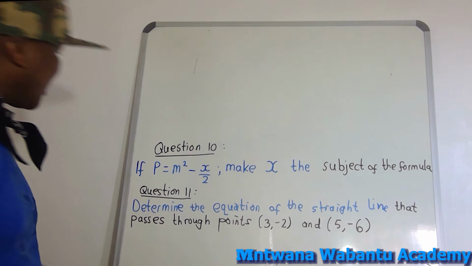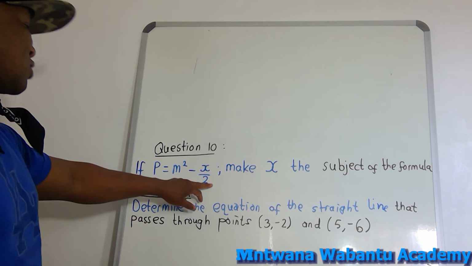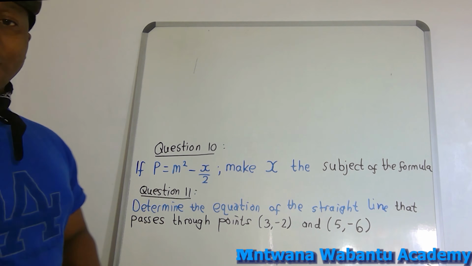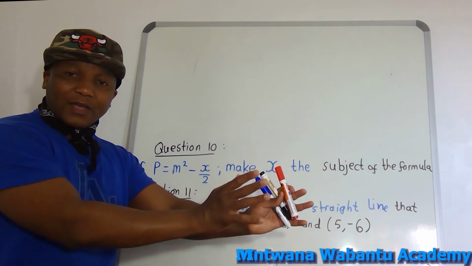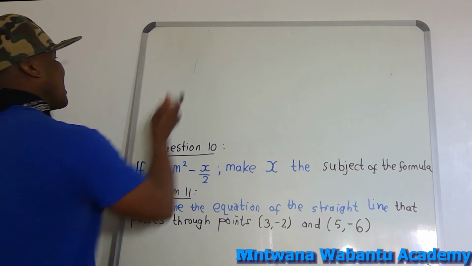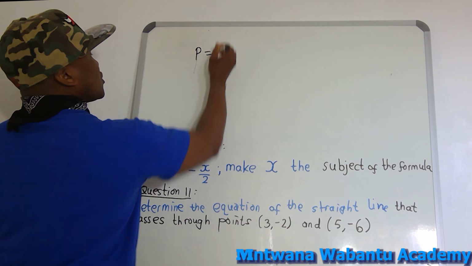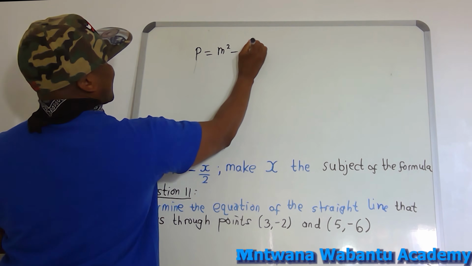Now let's say p equals m squared minus x over 2. Make x the subject of the formula. Subject of the formula means separate it from the rest, okay? So now we have p equals m squared minus x over 2.